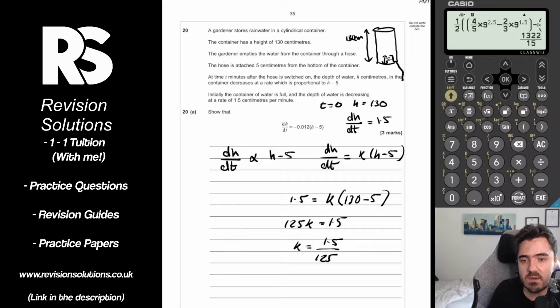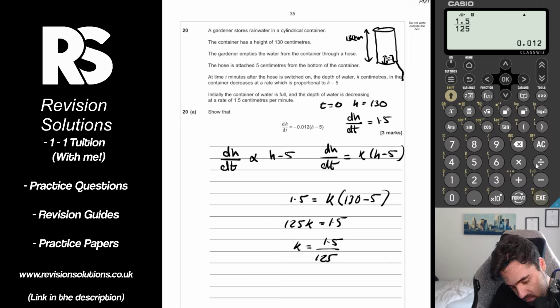Plugging that in the calculator just to check, 1.5 over 125 does give us the 0.012. Sorry, it's a decreasing rate, so I should have had this be a minus from the beginning. The minus sign would just carry through. So that would be minus 0.012.